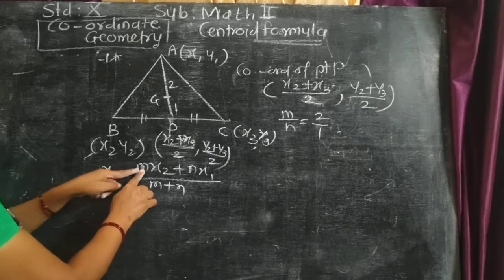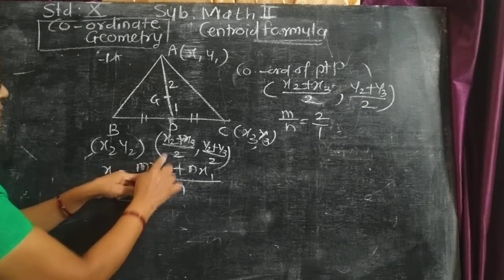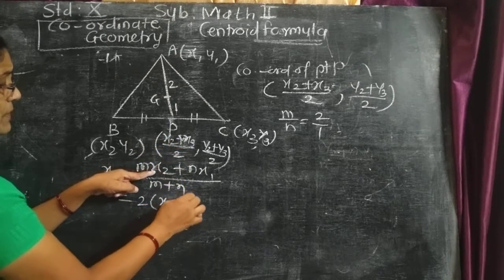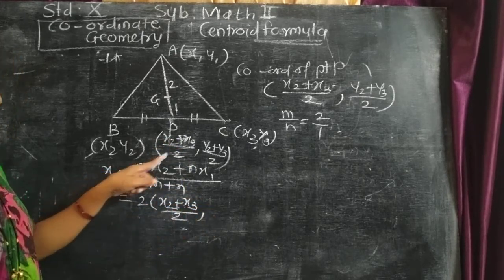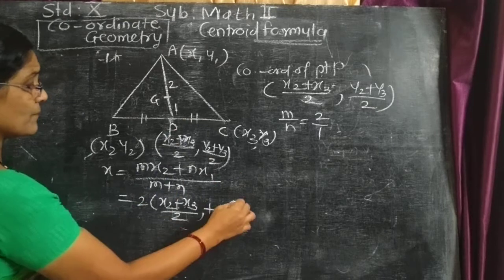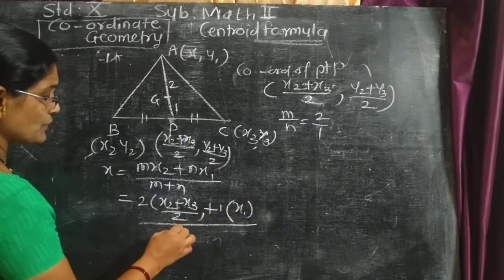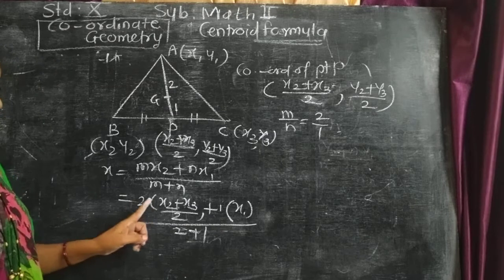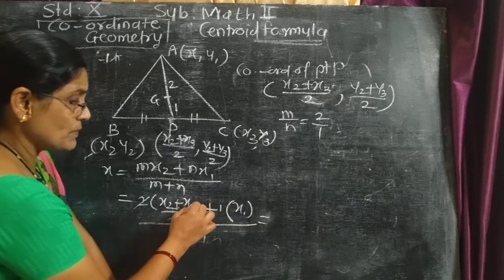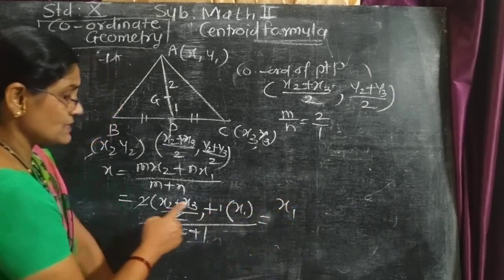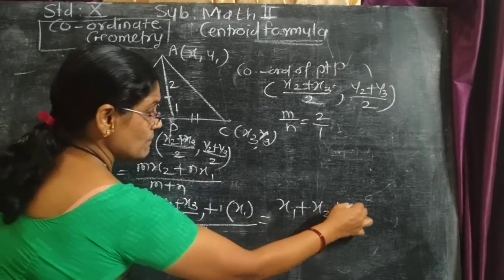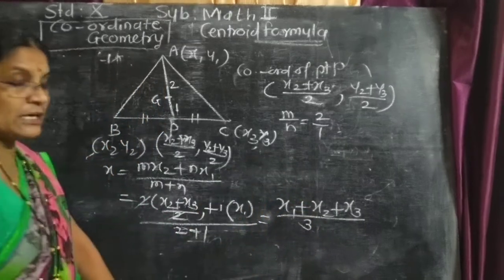Therefore we take m as 2, and for x2 we consider x2 plus x3 upon 2, the second point, plus n, meaning 1 into x1, upon 2 plus 1. Now this 2 and this 2 cancel. What remains is x2 plus x3 plus x1, sequentially x1 plus x2 plus x3 upon 3.